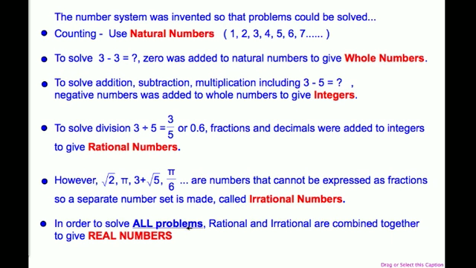But in order to solve all problems, we need to put the two sets of numbers together, rational and irrational, to form a bigger number set called real numbers. We'll now look at a diagram showing how the numbers are related.